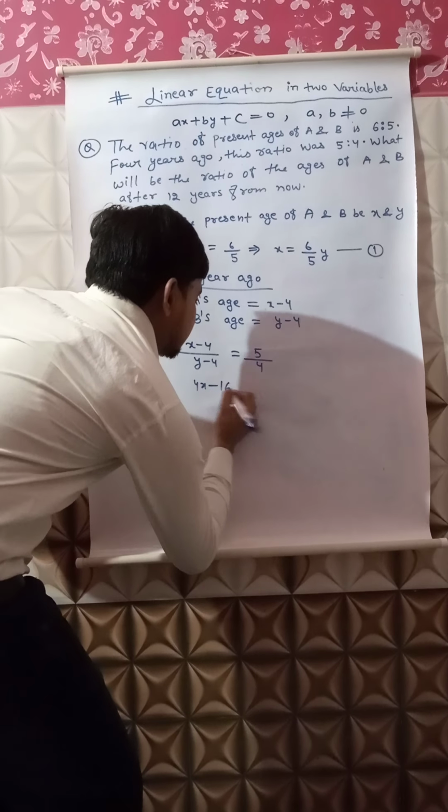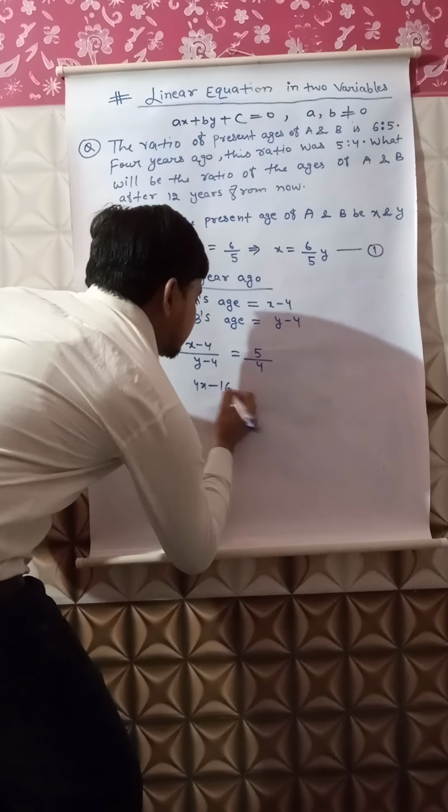So 4x minus 5y will be minus 20 plus 16, which is nothing but minus 4. So this is our equation 2.